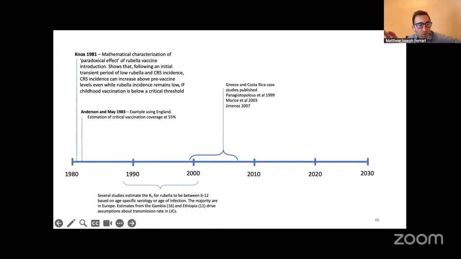But again, note that these countries used routine immunization only and had none of the campaigns. These were observations consistent with the paradox, but because they did outbreak response vaccination in response, it wasn't clear whether the true new equilibrium setting would in fact have led to higher CRS than at pre-vaccination baseline.